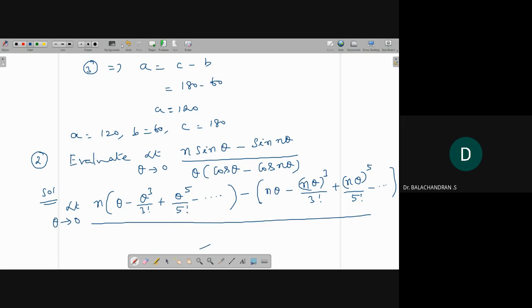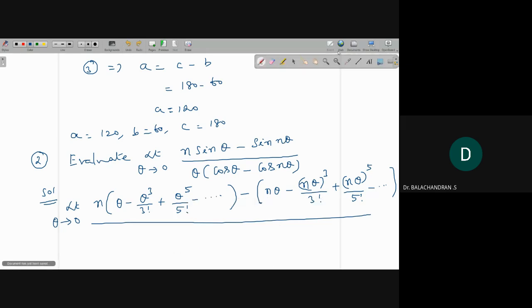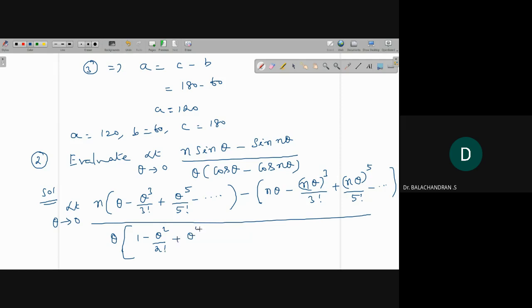Denominator is theta into cos theta. Cos theta expansion is what? 1 minus theta square by 2 factorial plus theta power 4 by 4 factorial minus and so on. Okay, this is cos theta.